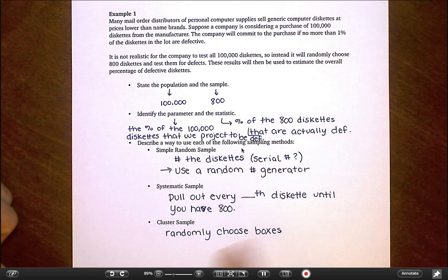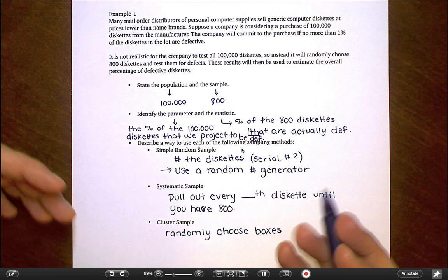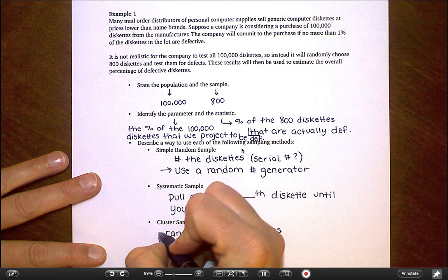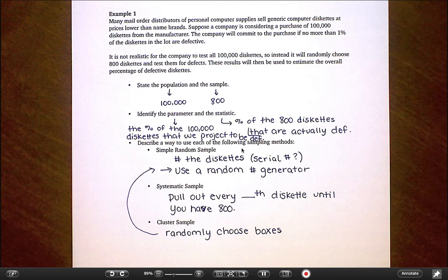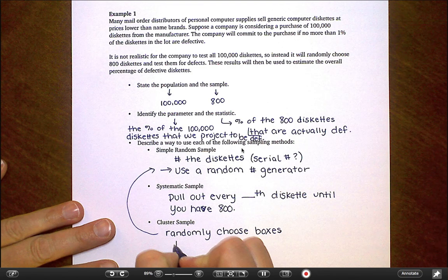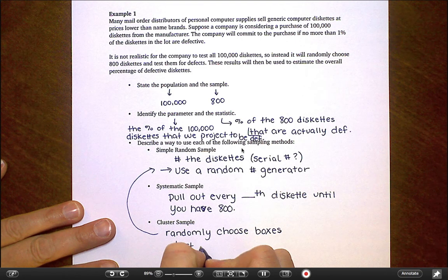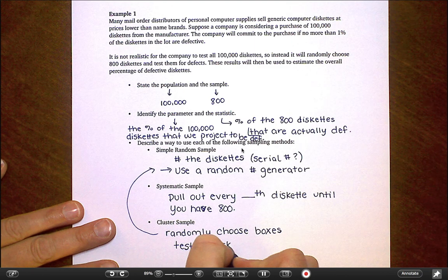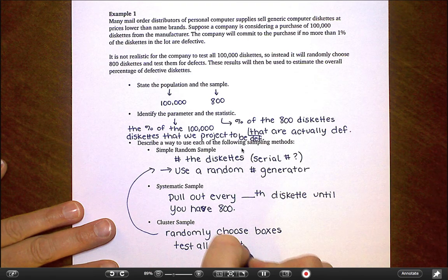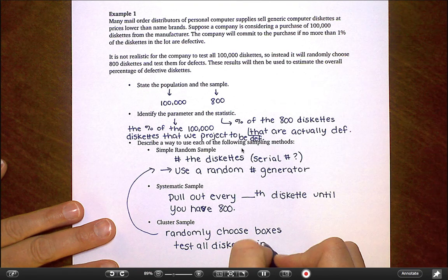So we would choose 8 boxes at random. And when I say randomly choose, we're probably going to want to go back to our random number generator. And test all diskettes in the chosen boxes.